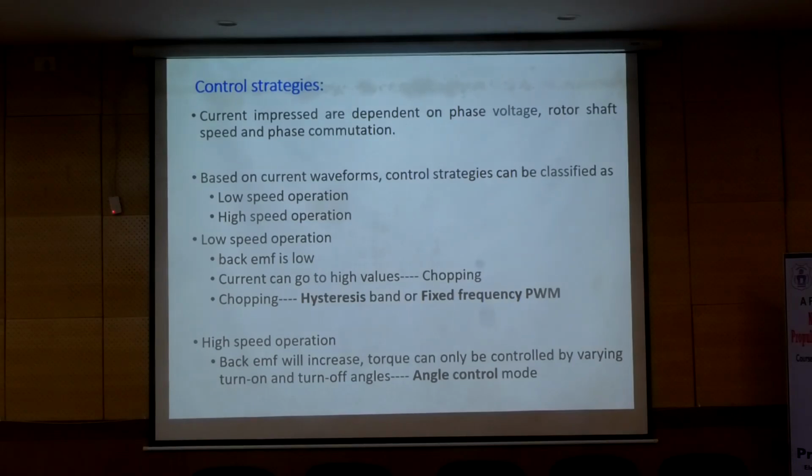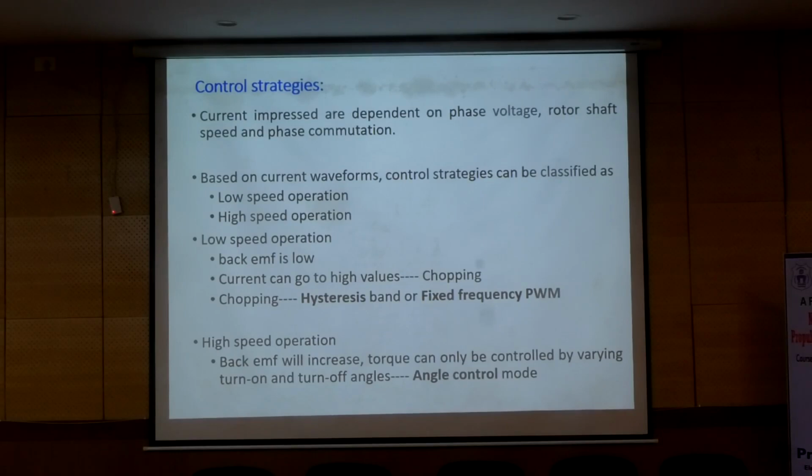What is low speed operation? So actually these control strategies can be derived based on the speed of operation of the machine, meaning under low speed and high speed operation.